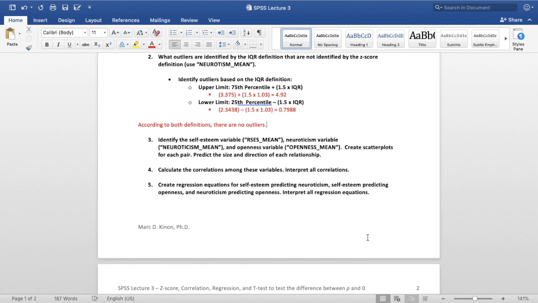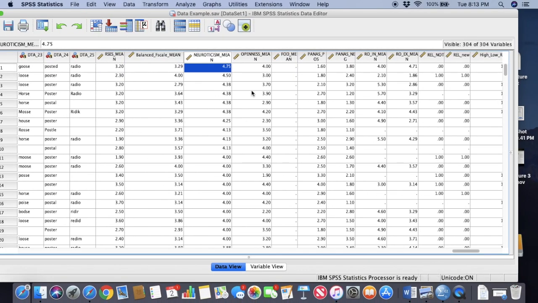Identify the self-esteem variable, RSES mean, the neuroticism variable, neuroticism underscore mean, and the openness variable, openness mean. Create scatter plots for each pair, and predict the size and direction of each relationship. Okay, so let's go to our data.